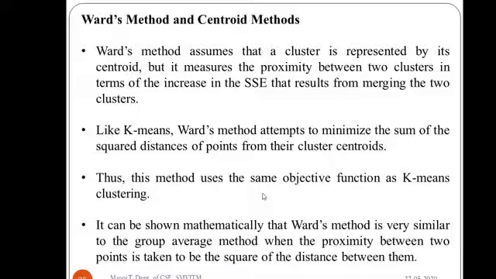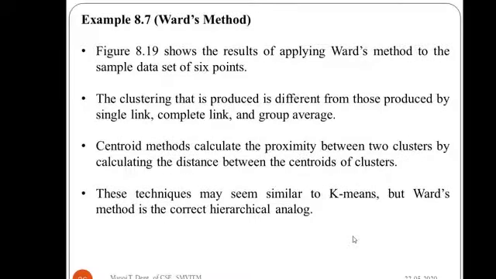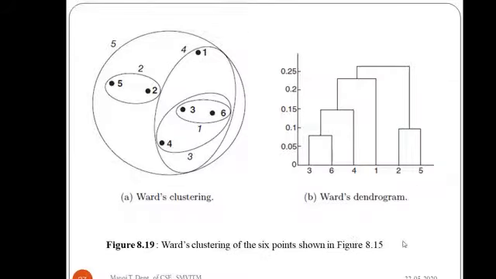But mathematically it can be shown that Ward's method is very similar to the group average method when the proximity between two points is taken to be the square of the distance between them. So if we apply Ward's method to the 6 two-dimensional points which we have seen earlier, we are going to get the following result.